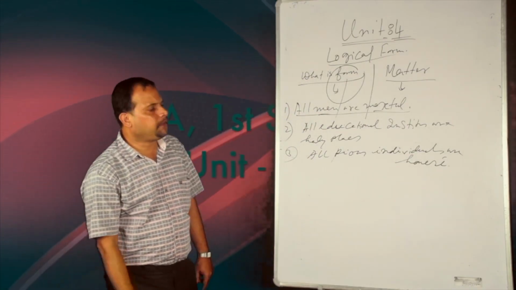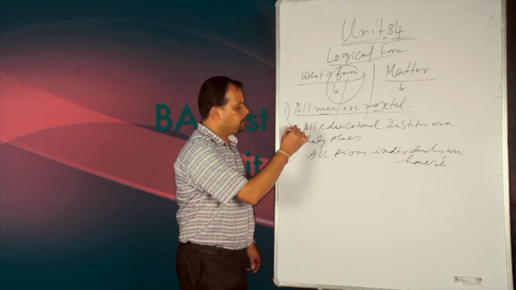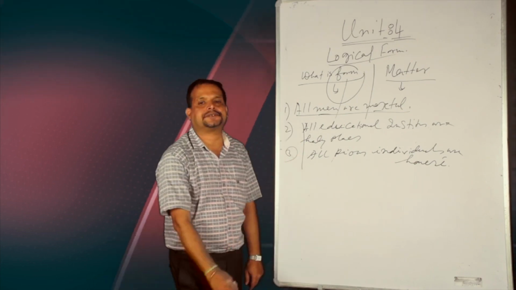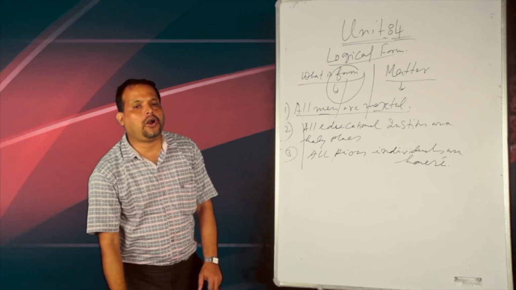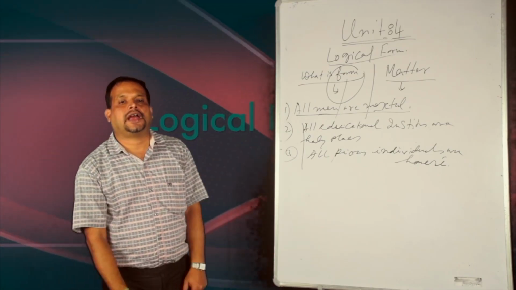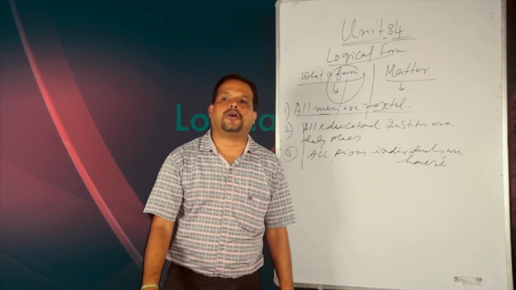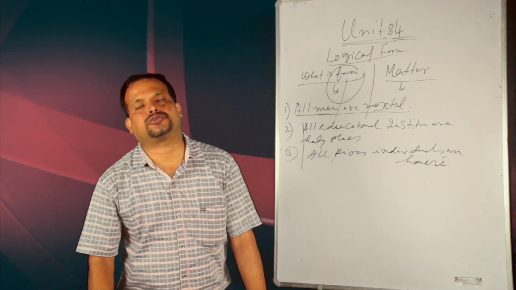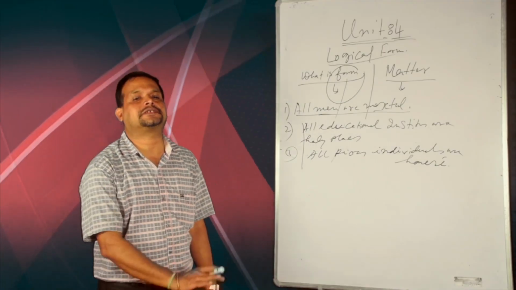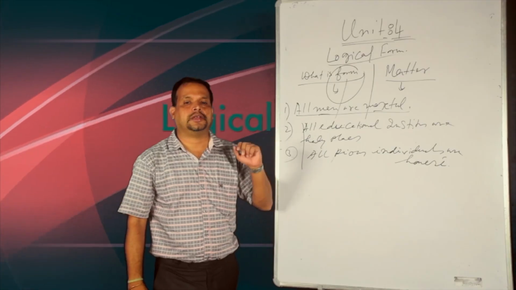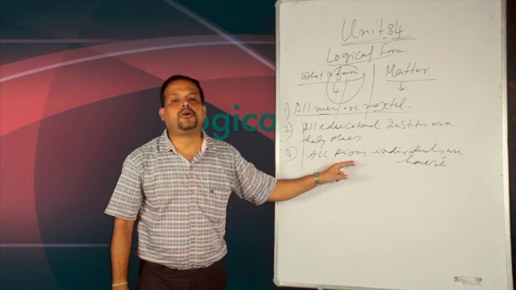If we observe the following three propositions, we can find that all the three propositions differ in respect to their content or matter, but so far as their form is concerned, the propositions have the same logical form.